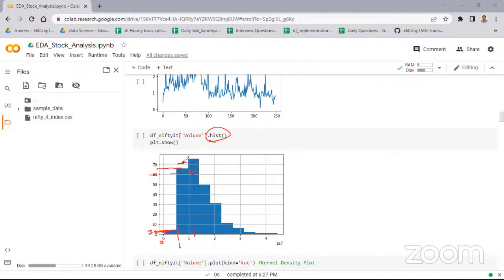Like this, you'll have ranges. From this, it is not so clear that we understood anything about the data.